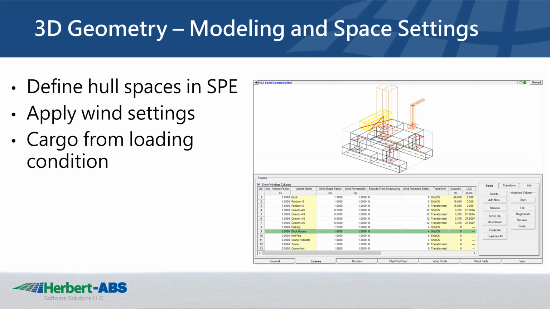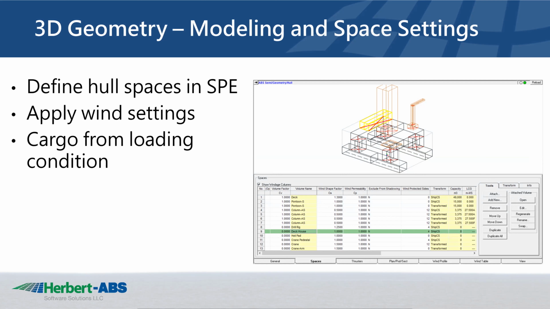So moving into the modeling considerations before moving into 3D wind geometry, this would all be done in Ship Project Editor under the Spaces panel in the hull. The first step is to define all your hull spaces in SPE. In the case of the model on the right here, we have our test semi-submersible model.